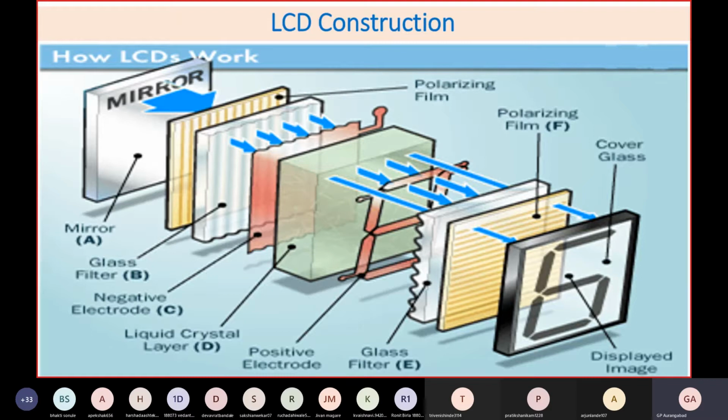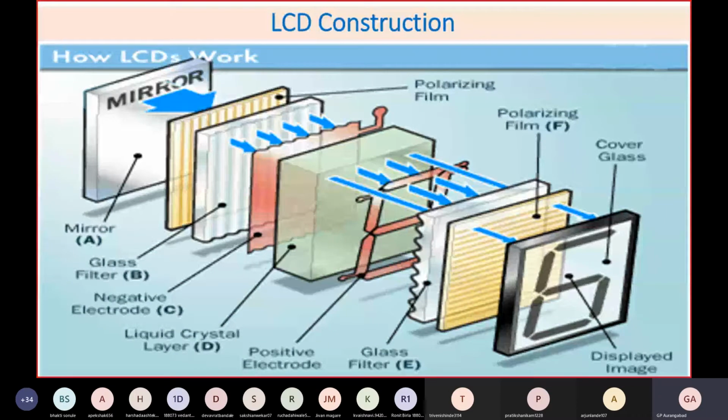Nearer to the electrodes, there is a glass filter on both sides, and to these glass filters two polarizing films are attached. On the left side, towards the mirror side, it is a vertical polarizing filter. Towards the front side, the display image side, there is a horizontal polarizing filter.